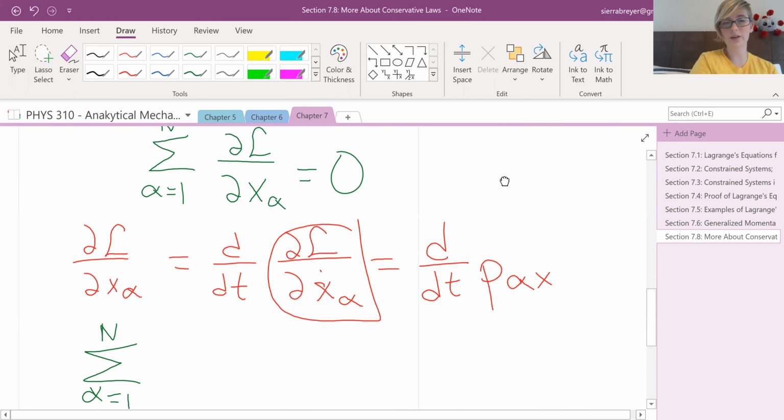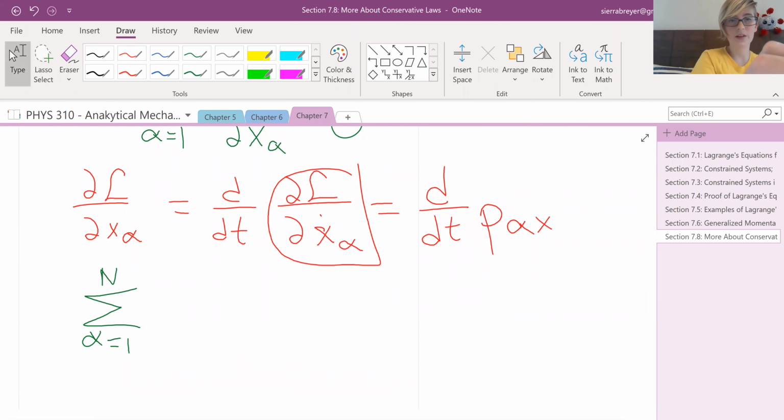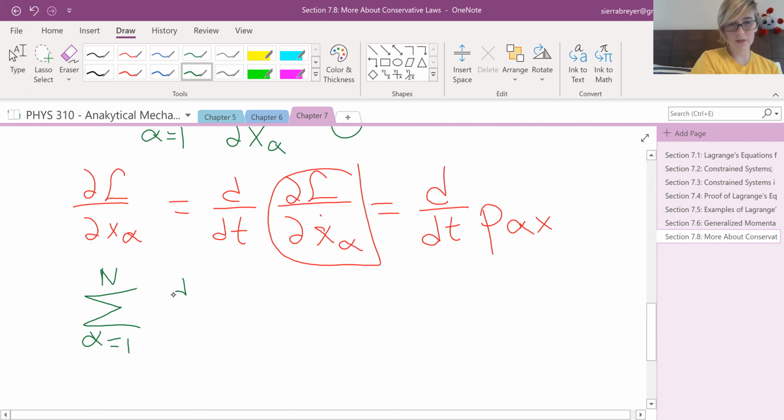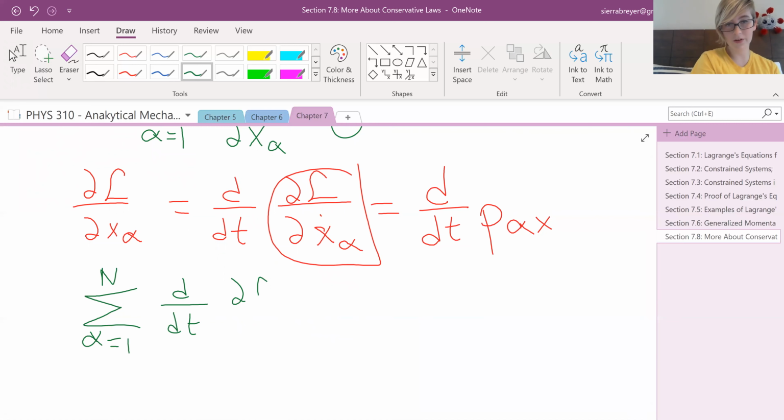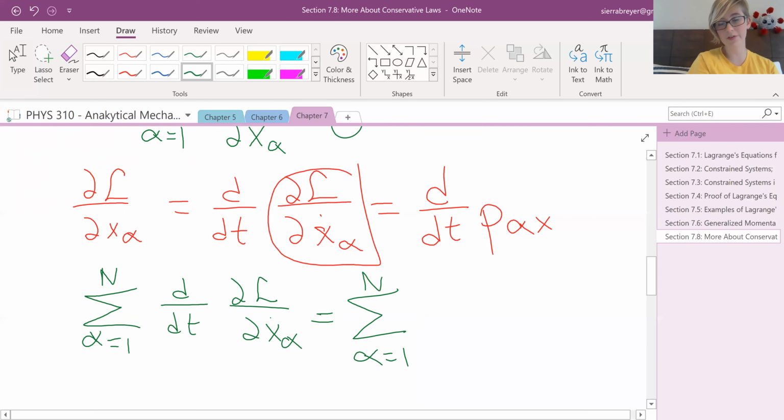So individually, we're going to set it up for ourselves: the time derivative of the Lagrange. That way we're seeing where we're getting it from, which is also the sum from alpha equals 1 to however many particles we have of that time derivative of our momentum.